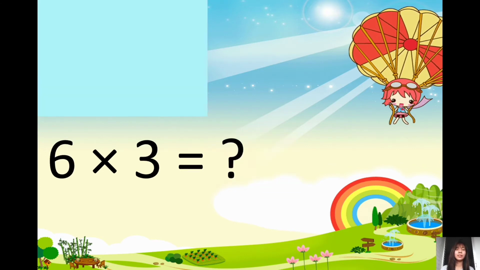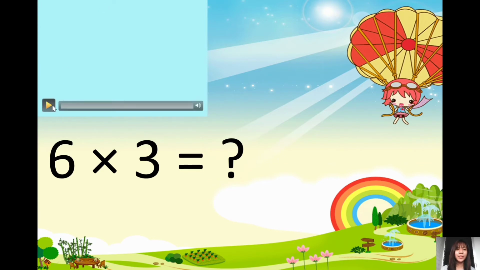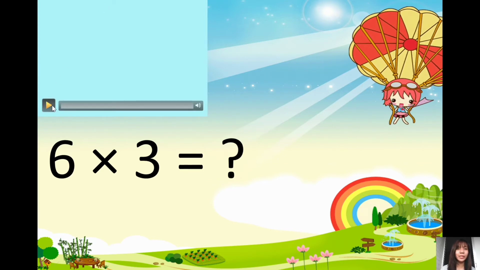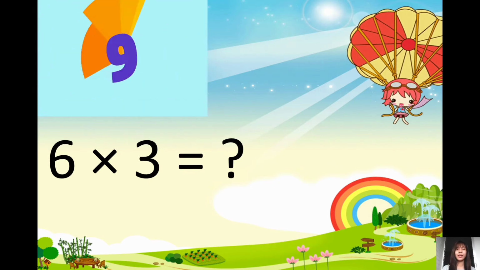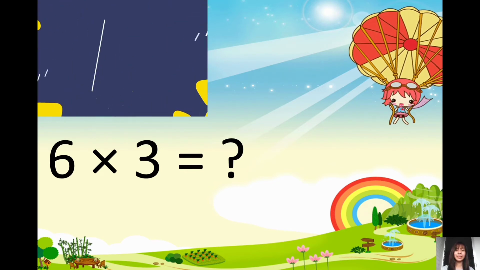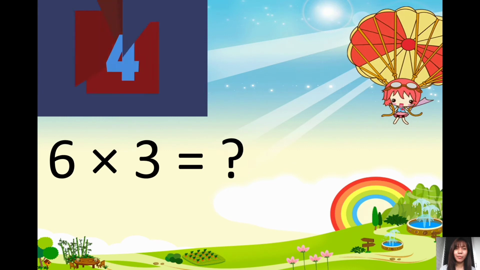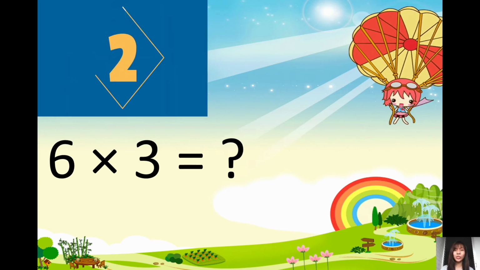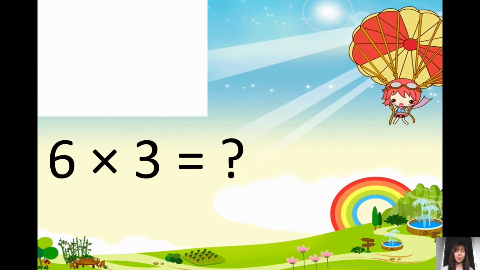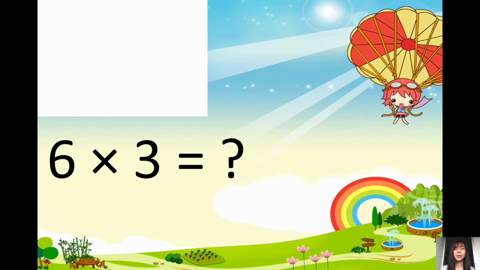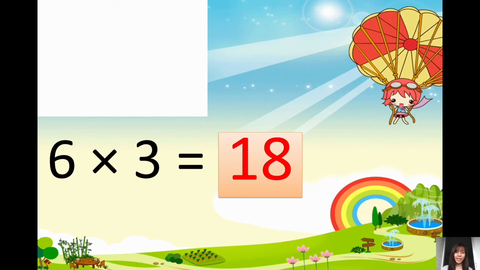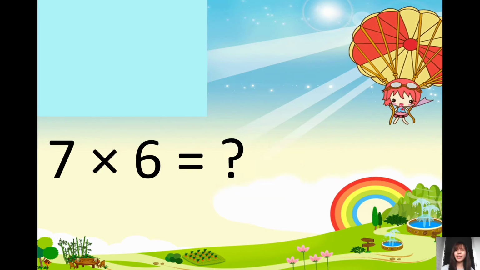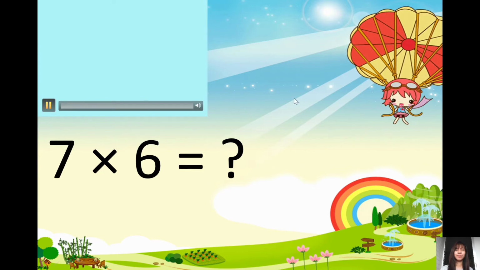So next, 6 times 3, 10 seconds. Ready to answer this? Ready, go! Okay, stop. 6 times 3 equals 18. Alright. 7 times 6. Ready? 10 seconds to answer. Go!